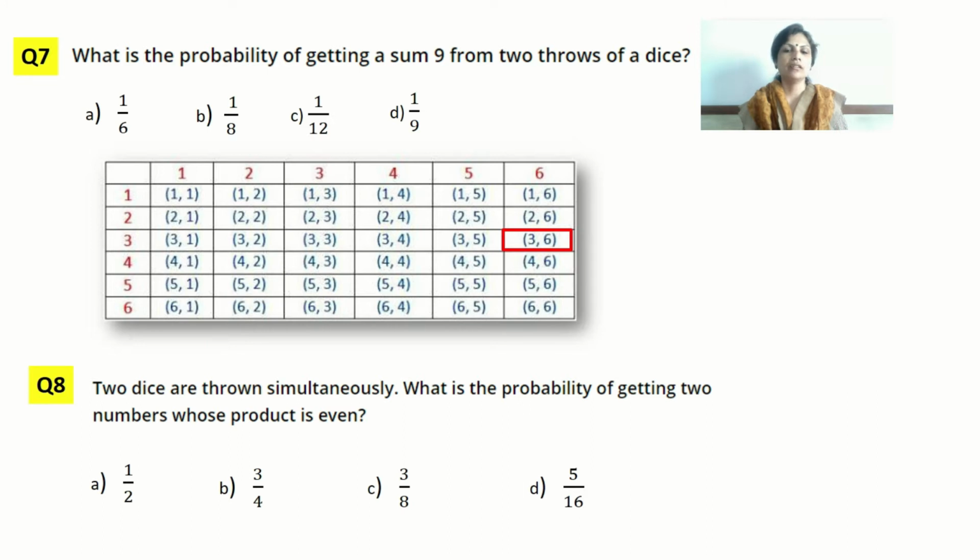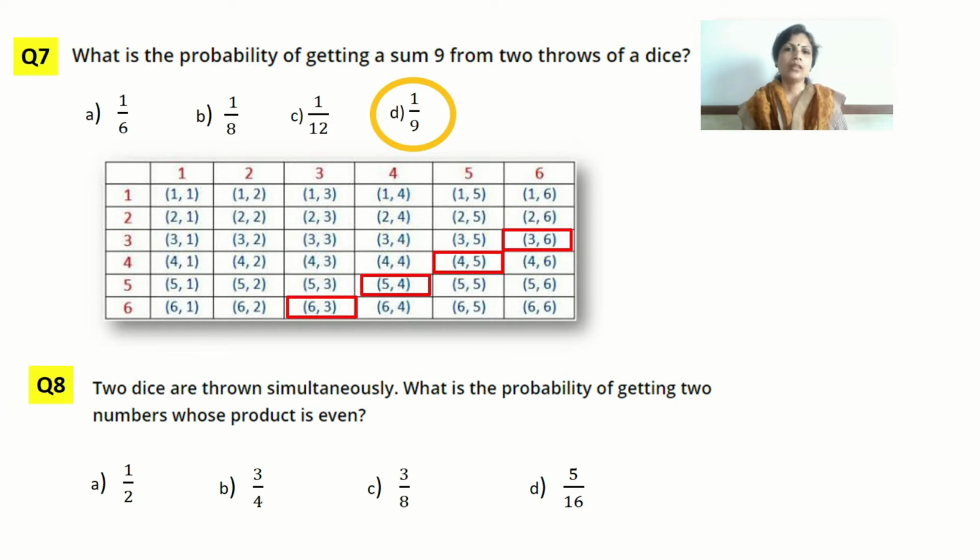Look over here: 3 plus 6, 4 plus 5, 5 plus 4 and 6 plus 3. Addition is 9. How many outcomes are you getting? 4 outcomes. So probability will be 4 upon 36. And 4 upon 36 is 1 by 9, and so option D is the correct option.